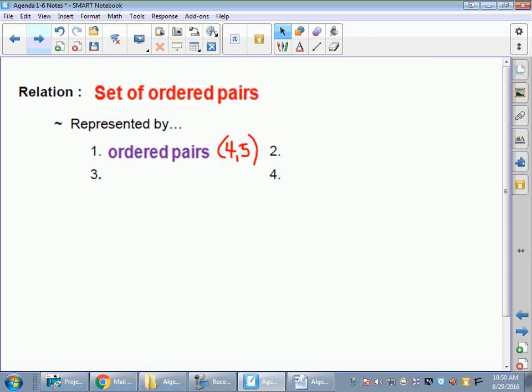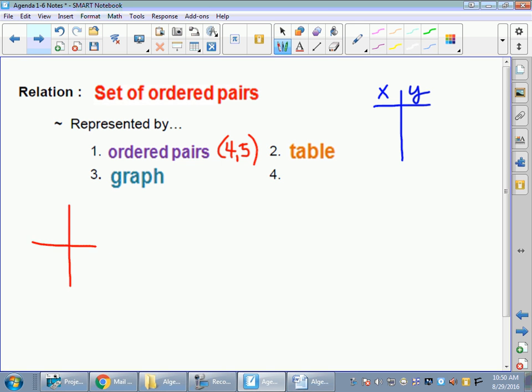We could turn them into a table, an x, y table, and we put the values in there. We could put them on a graph. So we've got ourselves an x-axis and a y-axis, and we've got our relation on the graph.